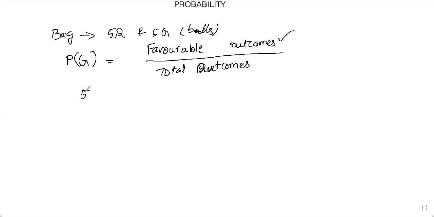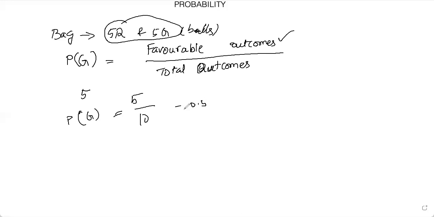So what is the total number of outcomes? Total 10. So 5 divided by 10. That is the probability of getting green, which is nothing but 0.5.